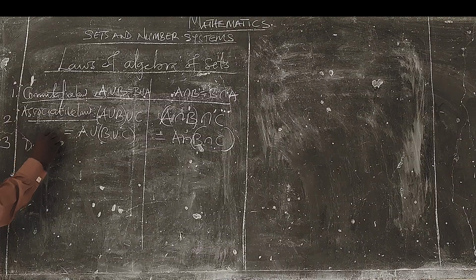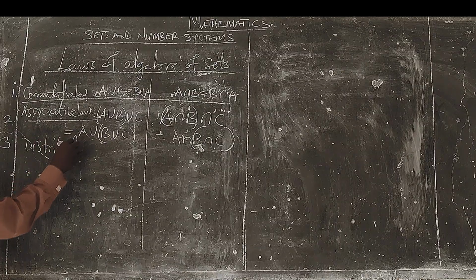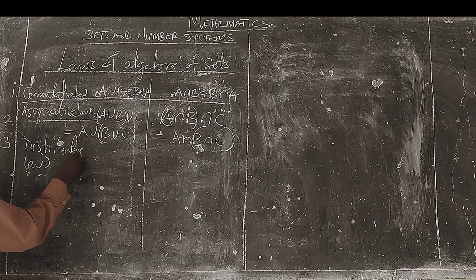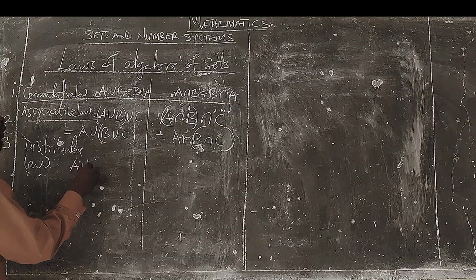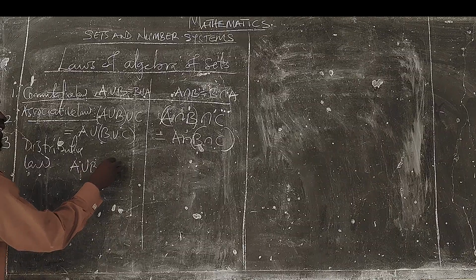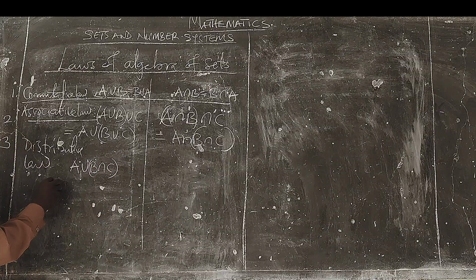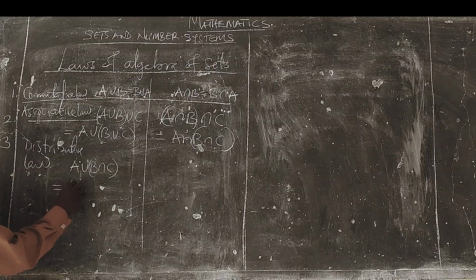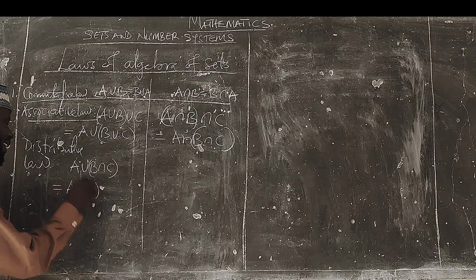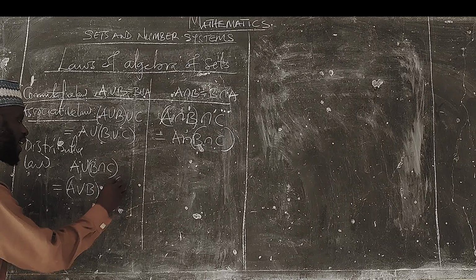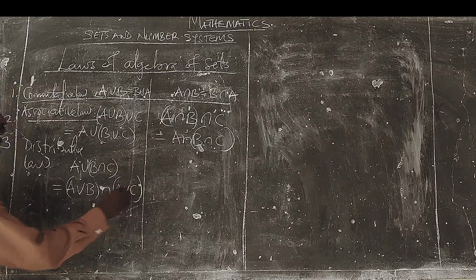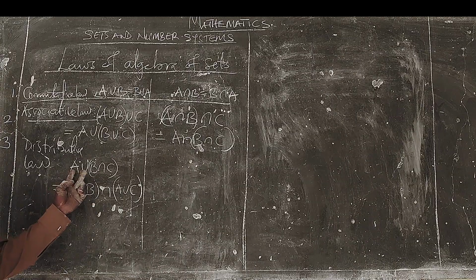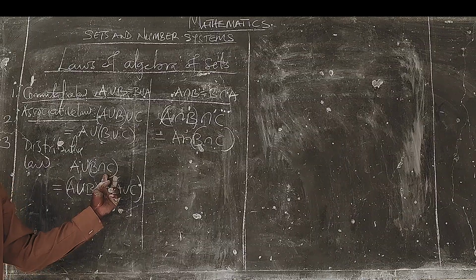The distributive law. That is, if you have A union B intersection C, this is equal to A union B, intersection A union C. You see, the union is now distributed over intersection.